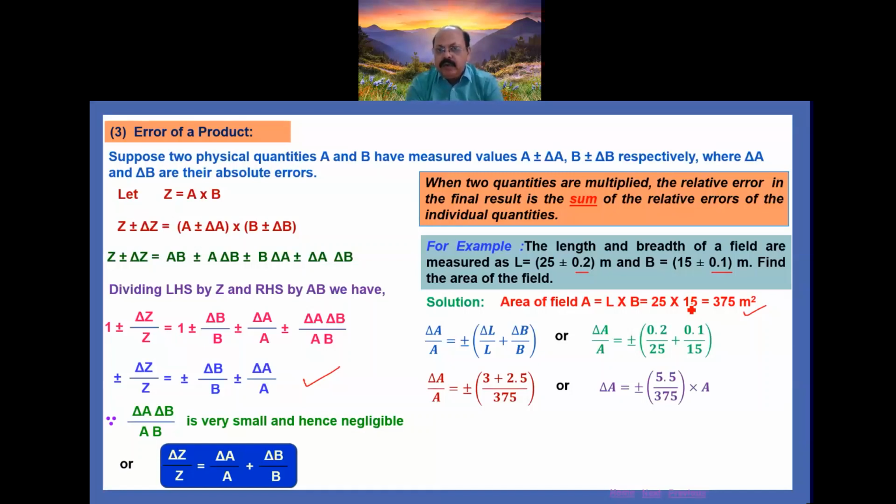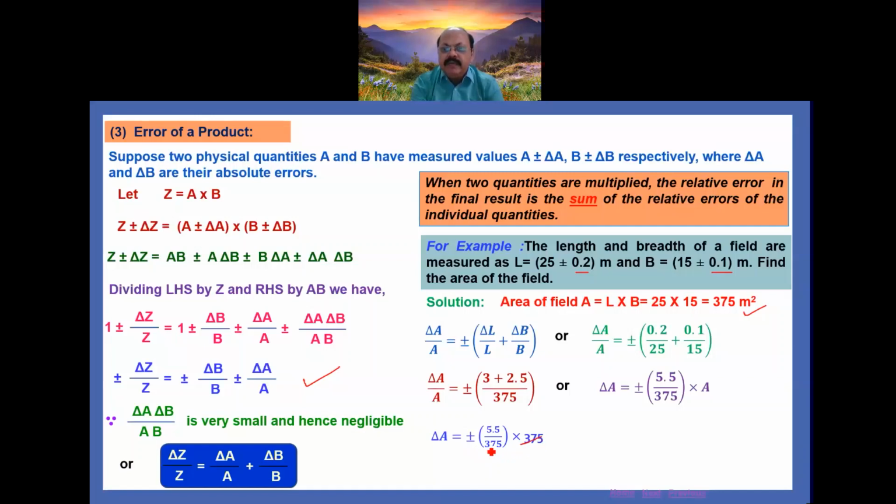delta A, we cross multiply. So the final expression becomes delta A equal to plus minus 5.5 upon 375 into A. A you have already calculated, its value is 375. Substitute the value. So what you will get? Delta A equal to plus minus 5.5 upon 375 into 375.